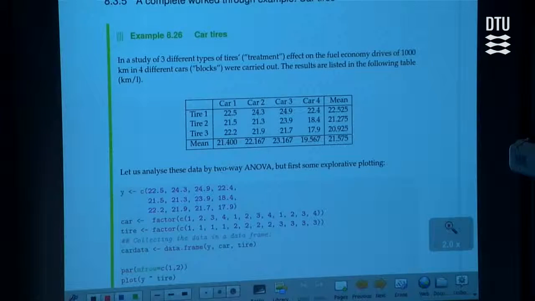But they are used on different cars that might also differ in how they produce wear of the tires, or fuel economy is the issue here. So in this case, blocks are cars, and in a way the table is tilted or transposed. But that shouldn't kill us, I hope, as engineers, that sometimes blocks are in rows and at other times blocks come in columns. So I think we can cope with that.